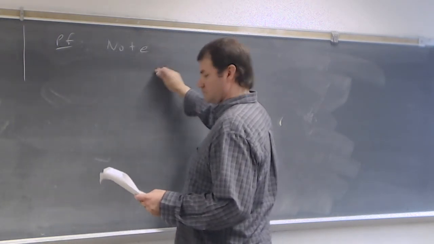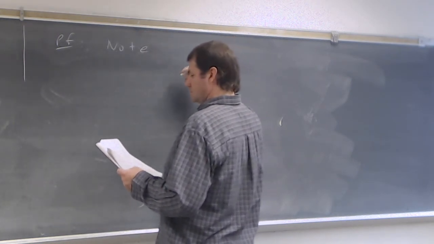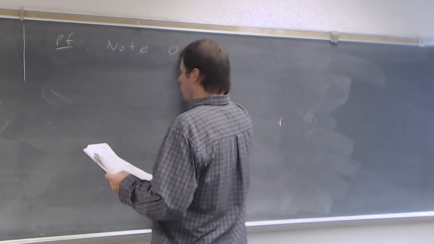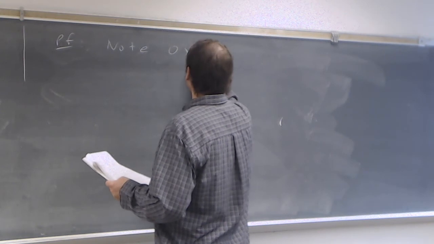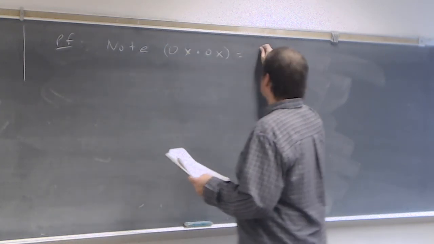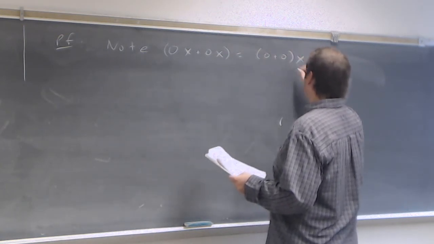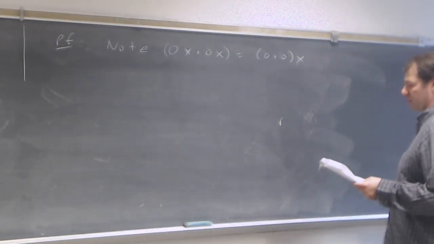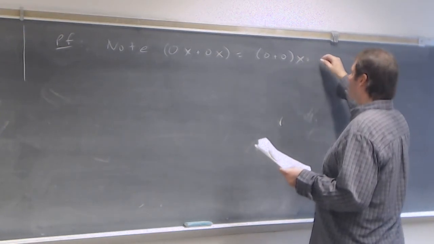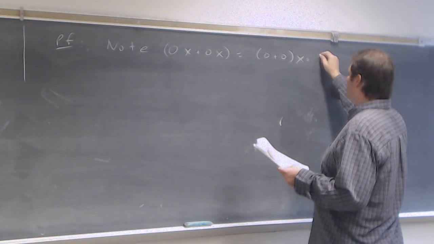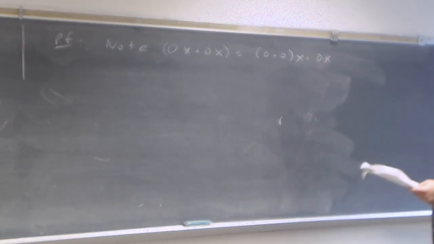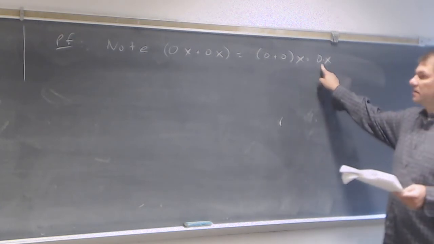So note 0x plus 0x is equal to 0 plus 0 times x. That's the distributive property at work here, which equals 0 times x. So that's the left-hand side.